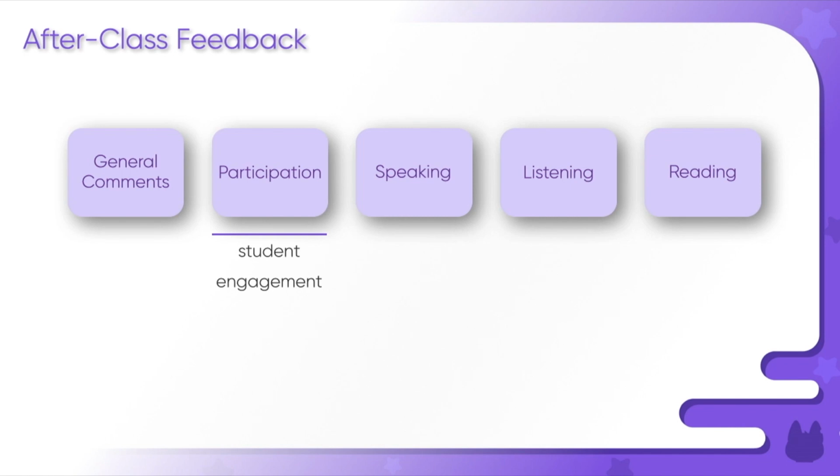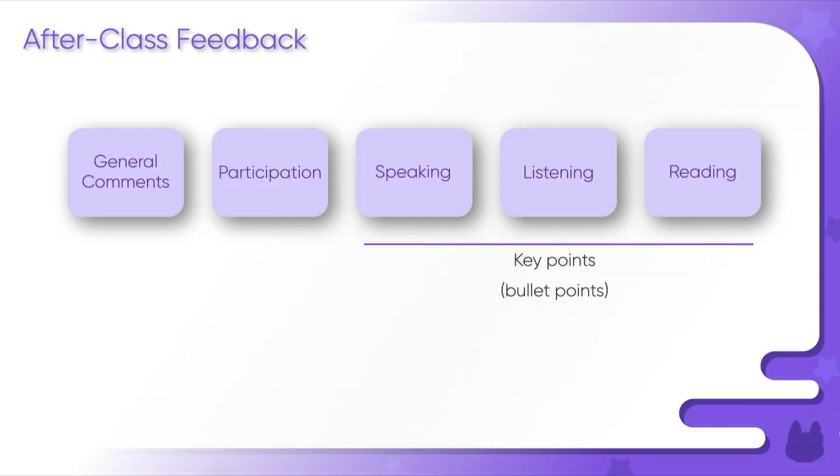In this part, please praise the student or make suggestions to encourage more student engagement. The final 3 sections are used to list the key points and identify areas of opportunity. This is why taking notes is so important. In these sections, using a bullet point format is best.